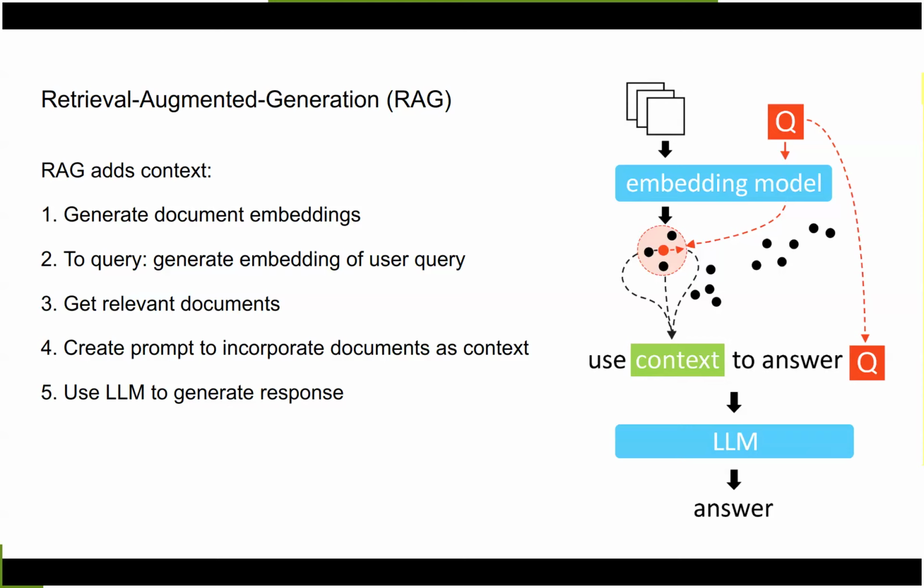So again, look at the picture. Here, a query comes in, and you have an embedding model. It could be like the embedding model that Cohere, for example, or ChatGPT is using. And with that embedding model, you map the query to a vector, basically, to an embedding.